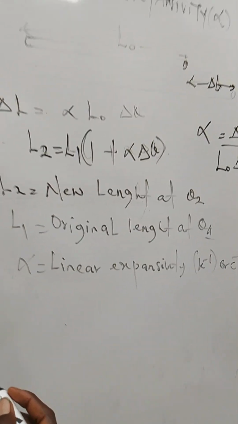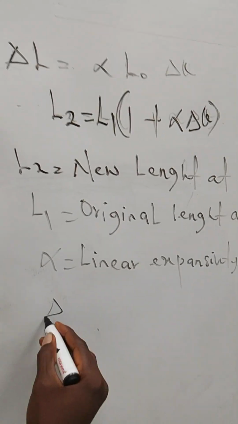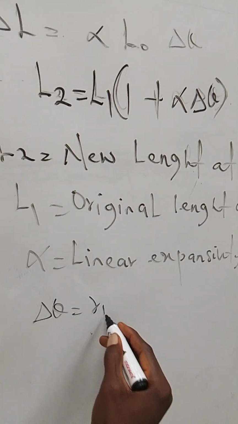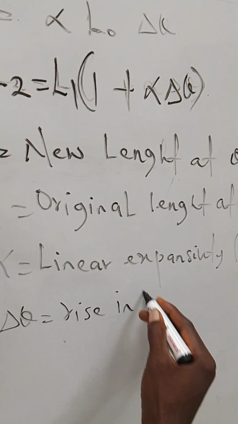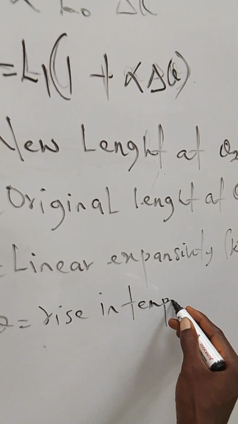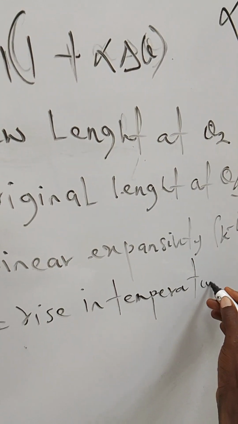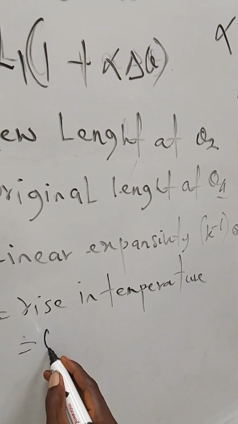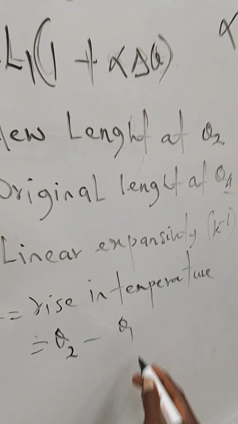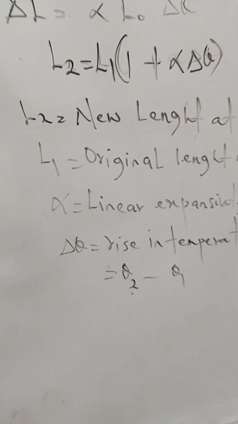And delta theta is the rise in temperature, which can be calculated as the final temperature minus the initial temperature.